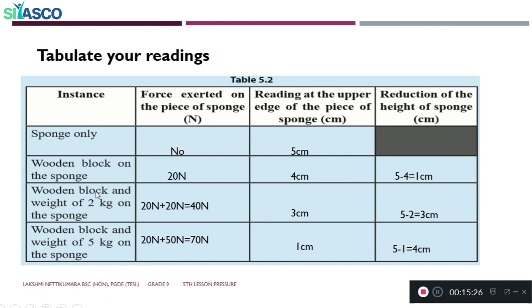Here we didn't change the wooden block which is in contact with the sponge. That means the area is kept constant. But you change the force exerted on the sponge. And you will also observe that the exerted pressure increases.